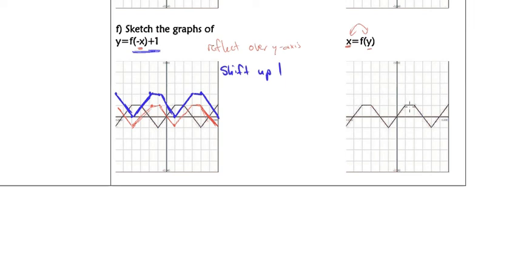there are a couple of ways to think about it. One would be that we just literally change the point. So where it is 1, 1, it's now at 1, 1, and that one stays the same, and 0, 0 stays the same, and negative 1, negative 1 stays the same because those are the same x and y values. Notice that they're on the x equals y line, and that's why they are the same.